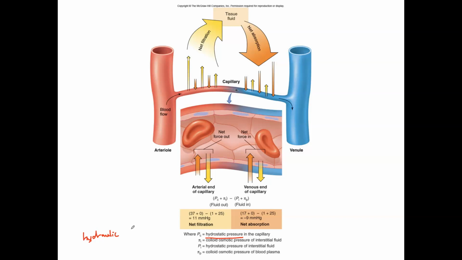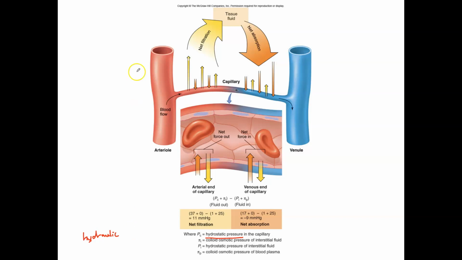So when we look at the two types of pressure, whether it's a hydraulic pressure or an osmotic pressure, we are concerned about the net filtration and the net absorption that takes place within the cardiovascular system.